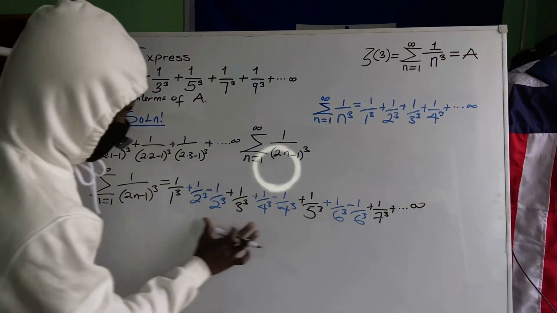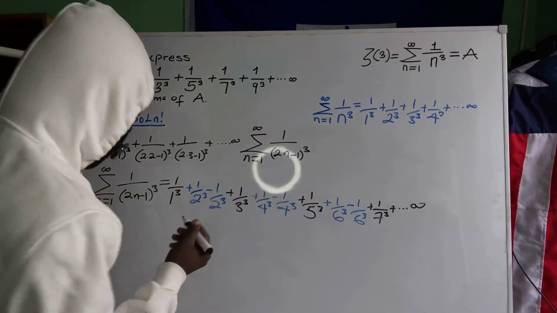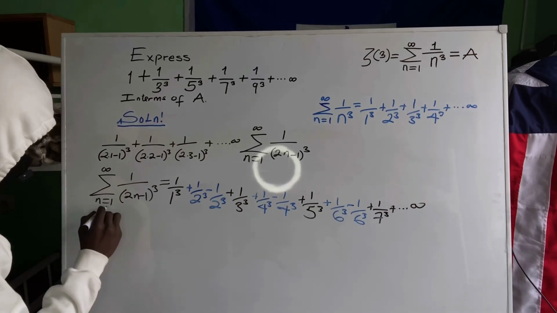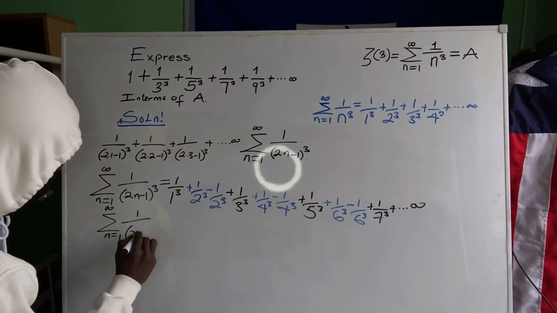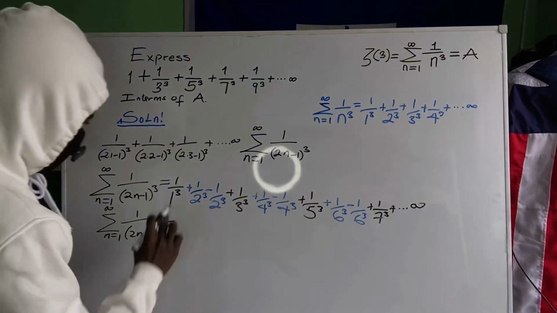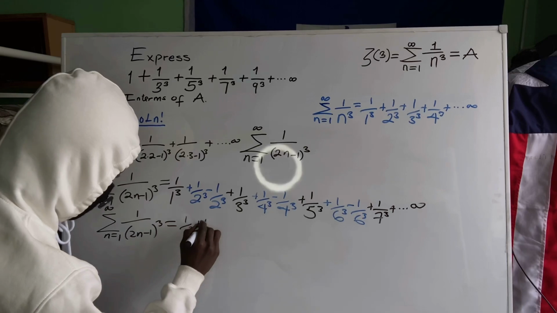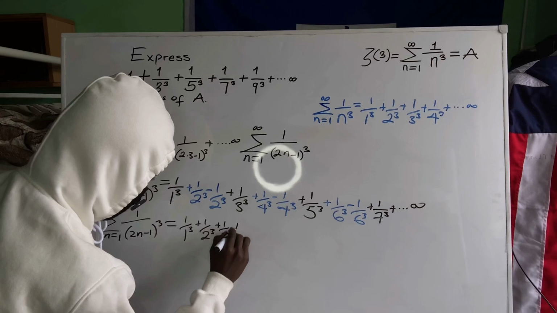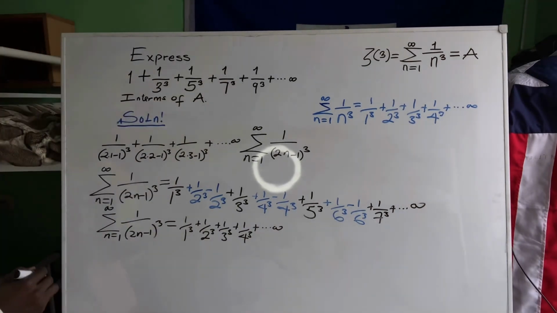Now what do we observe, guys? We observe that in this series, we can get the zeta of 3 from here, and we'll have remaining terms. Let me tell you what I mean. So the sum from n is equal to 1 to infinity of 1 all over 2n minus 1 all cube is just equal to 1 all over 1 cube plus 1 over 2 cube plus 1 over 3 cube plus 1 over 4 cube plus and so on.